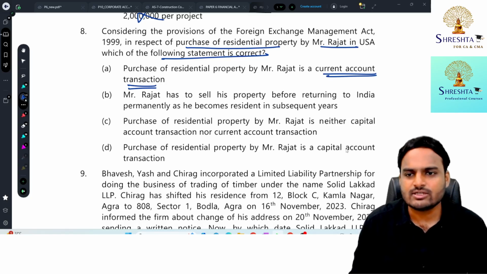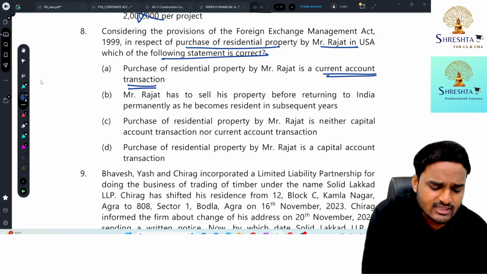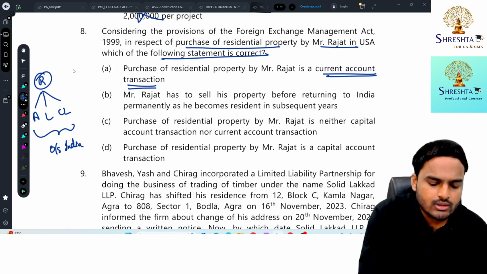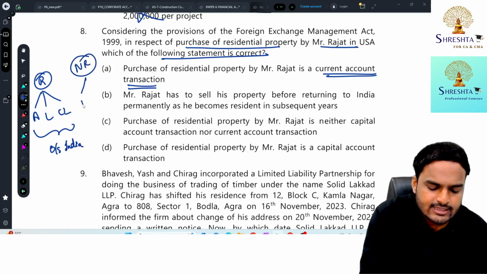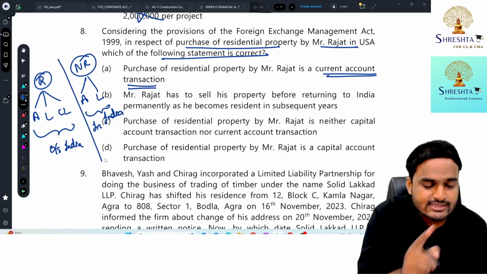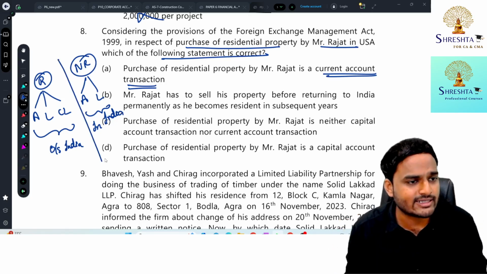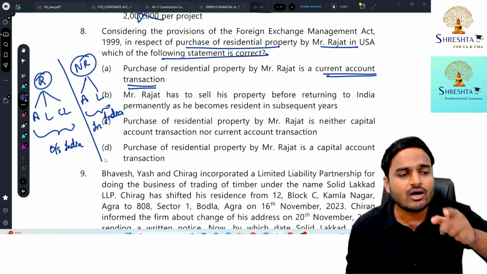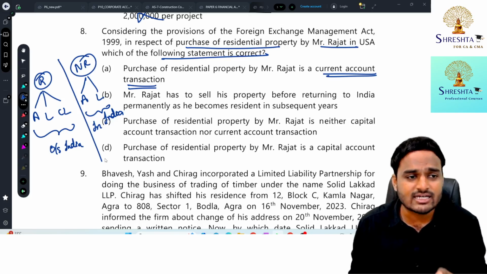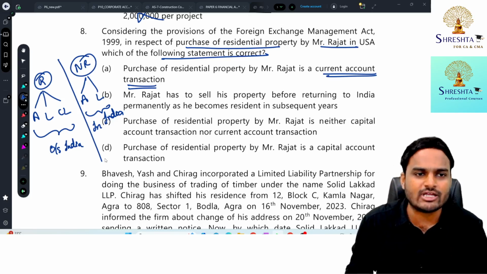It's a transaction which alters residents' assets or liabilities, including contingent liabilities, outside India, or non-residents' assets or liabilities in India. Any such transaction is treated as a capital account transaction.